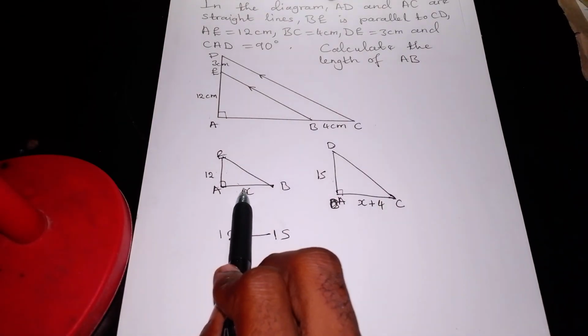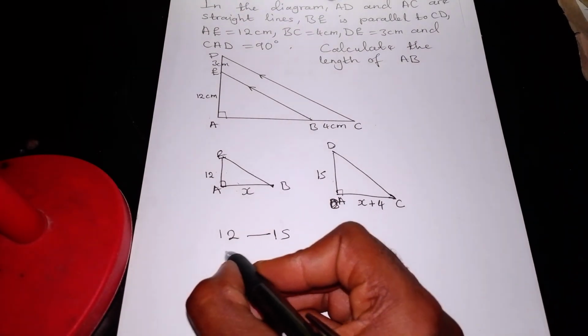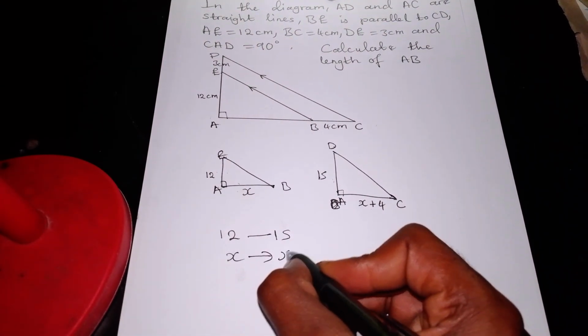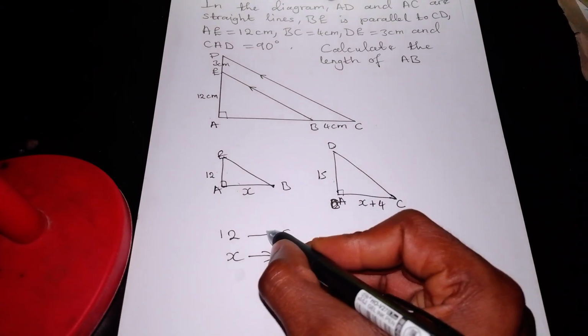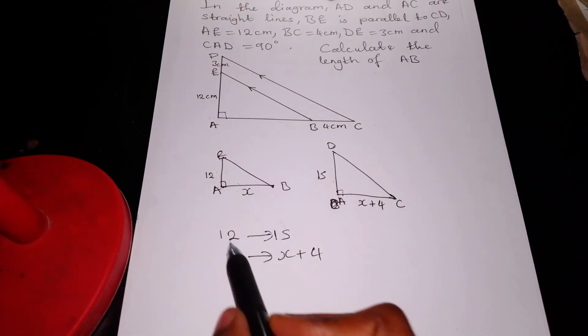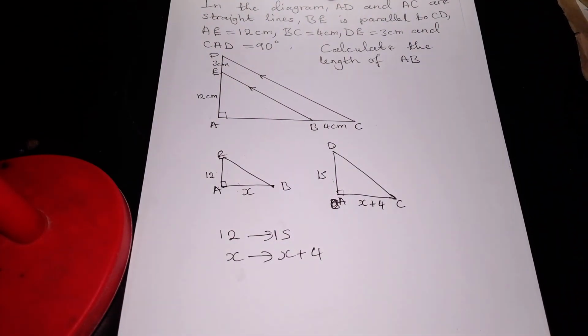And then X is related to X plus 4. And then at this point, it's just a matter of solving for X by cross multiplying. Others will just use fractions there, but it's basically the same.